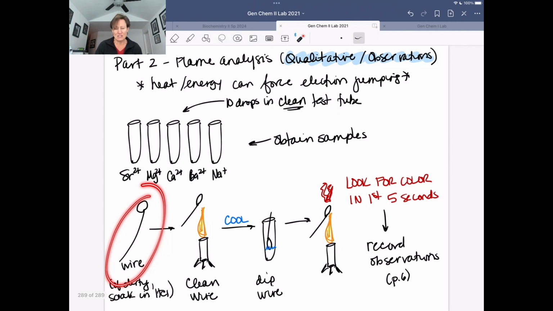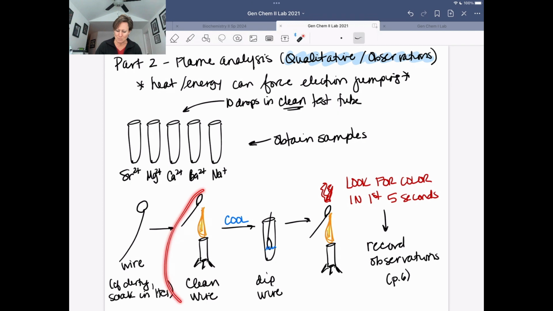So here's what you're going to do. We're going to have a special wire that we're going to use that we can put in a flame, and we're going to see what happens. So here's what you need to do before each sample that you're going to check. You need to make sure that that wire is nice and clean. If it looks like it's got some residue on it, there should be a hydrochloric acid solution that you can dip it in. Make sure to remove any residue that's on it.